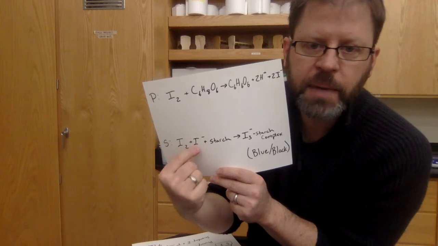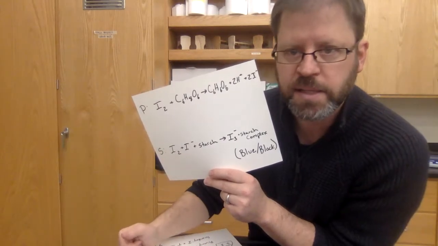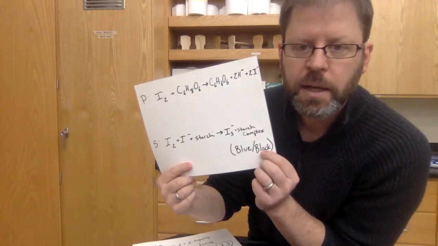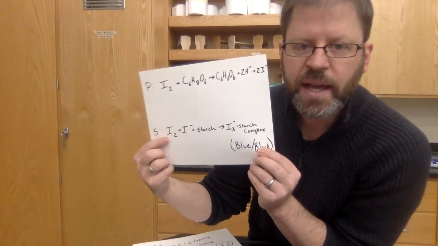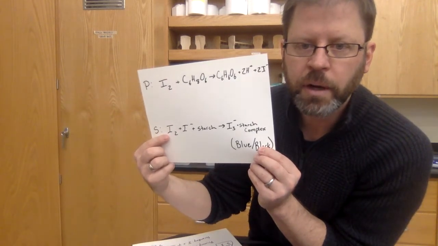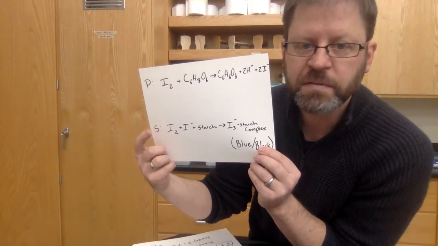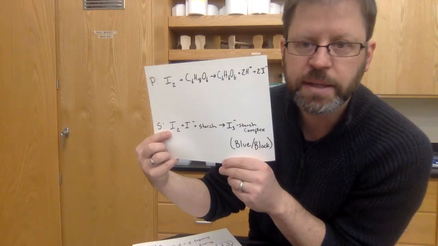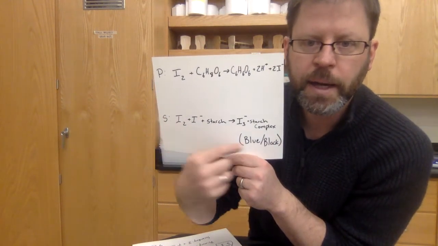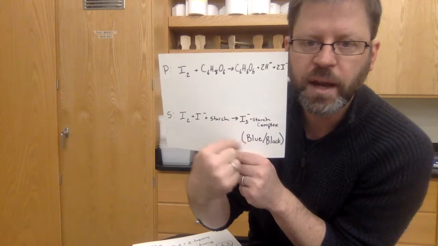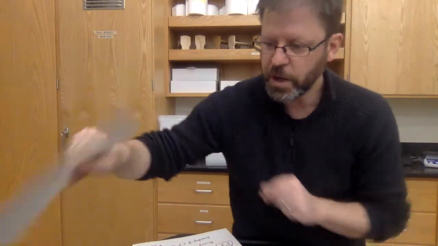I need a little I minus. I put some extra I minus in there, so we're not going to have to worry about that. So this is the guy that we are really worried about, and we need to know how much of this is in the titrant, and that's why you're doing part A. All right, and then this has a big color change associated with it. It's very potent. So here's what you're going to do.